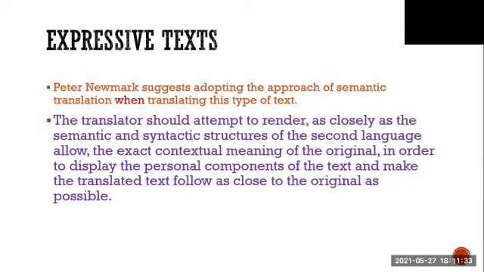This is semantic translation, that we make the translated text follow as close as possible the original, because it aims at rendering the exact contextual meaning of the original. However, we use this semantic approach when it comes to expressive texts.